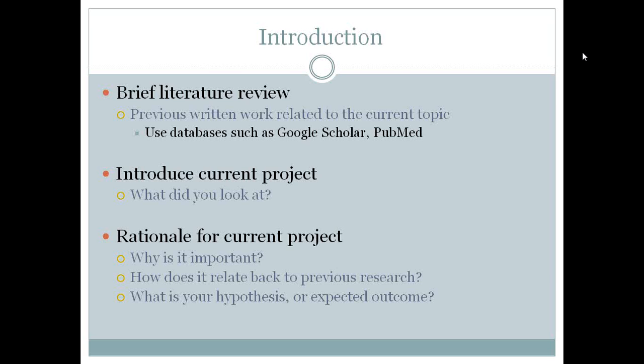It might be worth, even if it's positive or negative results, you might want that information out there for other people to know. And you want to always relate it back to what the previous literature says, if there is any. And you also want to talk about your hypothesis. What did you expect to happen when you developed your treatment protocol?